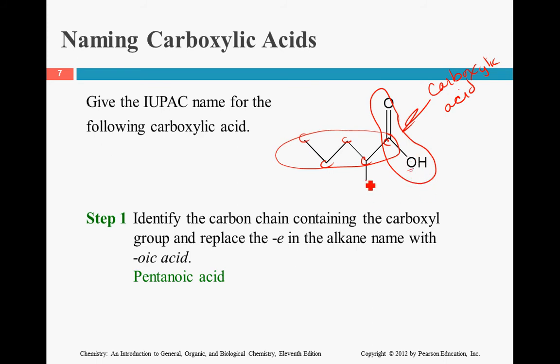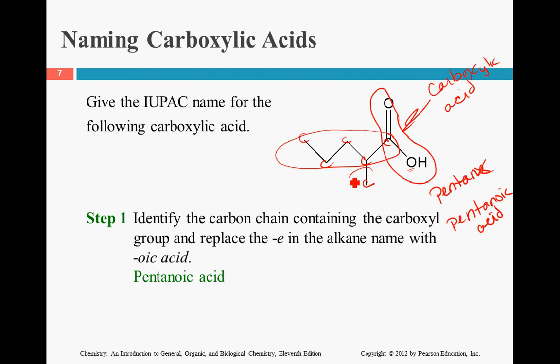But if there's not a letter, like here, there's nothing written, it's a carbon. So our longest chain is 5. That's pentane. Because of it being a carboxylic acid, we changed that E to pentanoic, and we add the word acid.